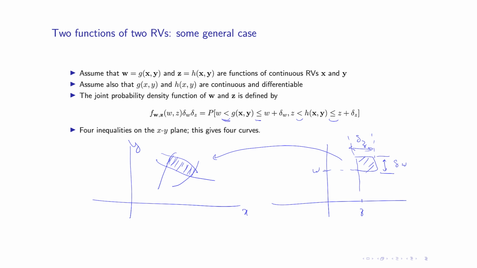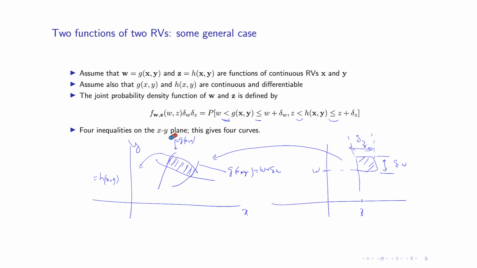This is the first inequality, so let's say this is g(x,y) equal to z. The second one is g(x,y) equal to z plus delta z.